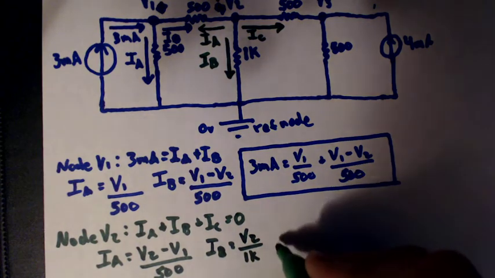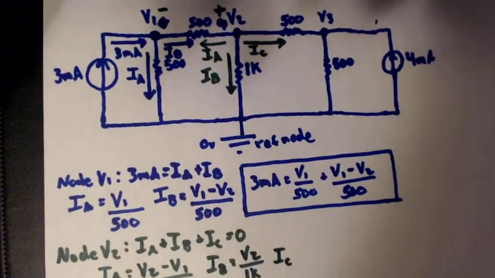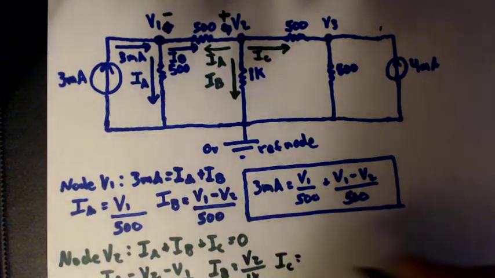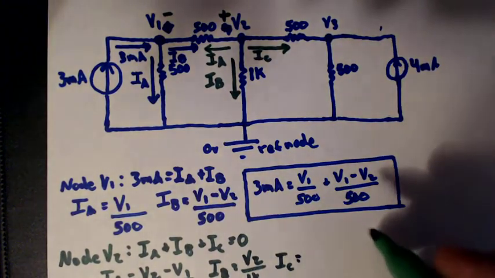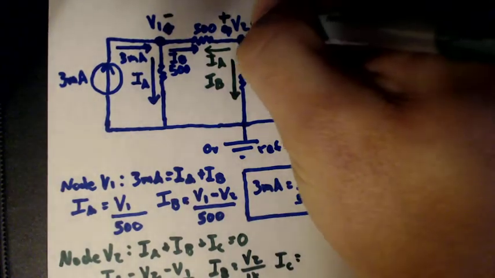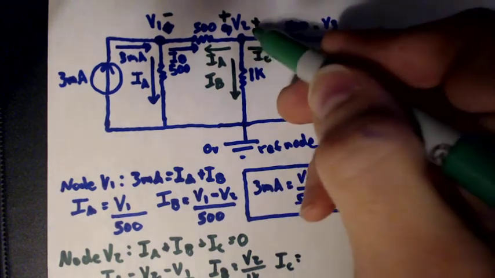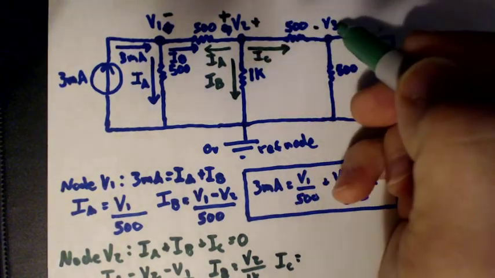Okay, last up is going to be IC. I'll use the same little trick as I did earlier to make this easy: current always goes from a higher voltage to a lower voltage. So I'm assuming V2 is greater than V3.